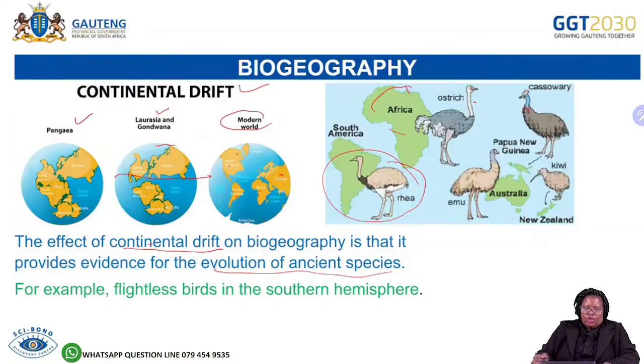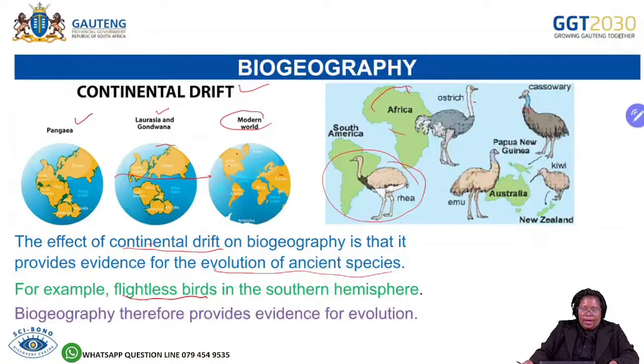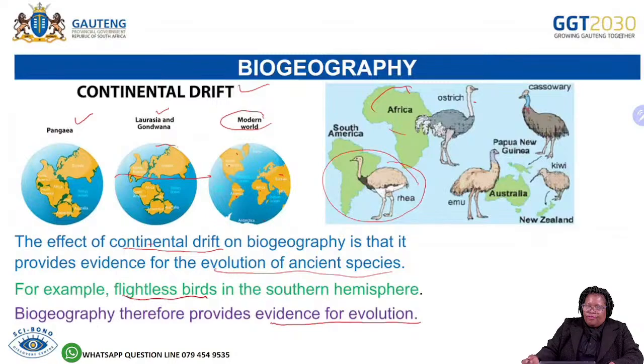All right. So for an example here, flightless birds in the southern hemisphere. In the southern hemisphere, we've got what? Flightless birds due to what? Adaptation. And also biogeography provides evidence for evolution, right?